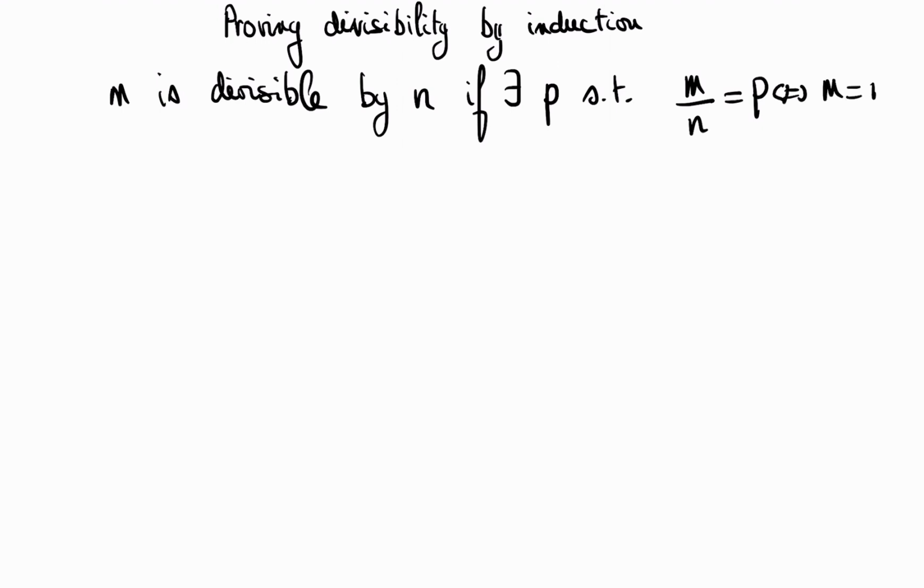What does that mean for a number to be divisible by another? So the number m is divisible by the number n if there exists a number p such that m over n equals p, which basically means that m is equal to np.